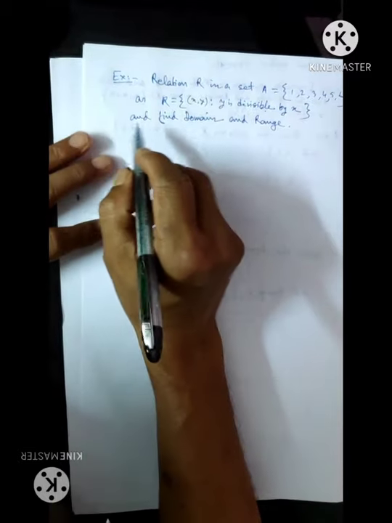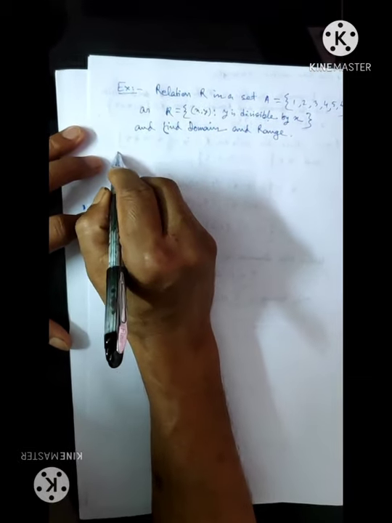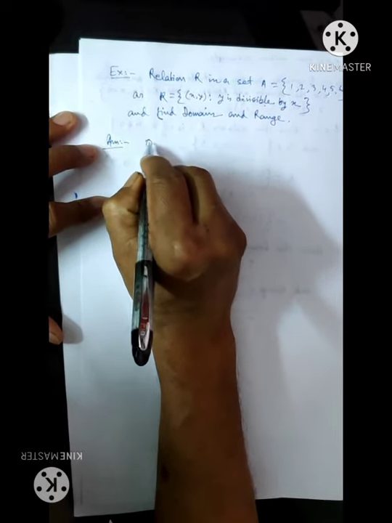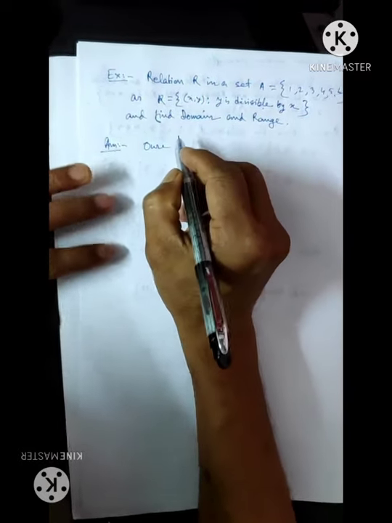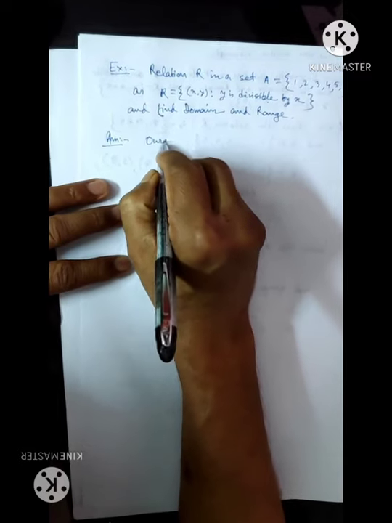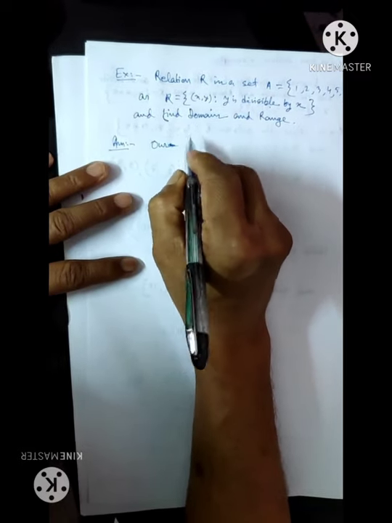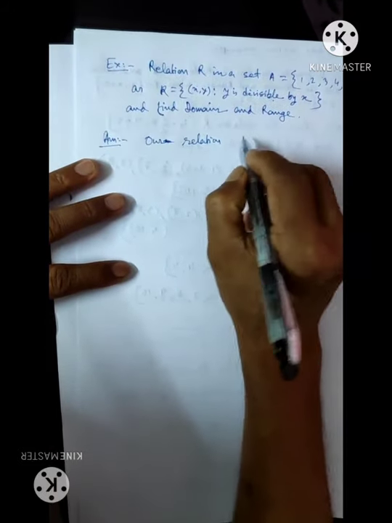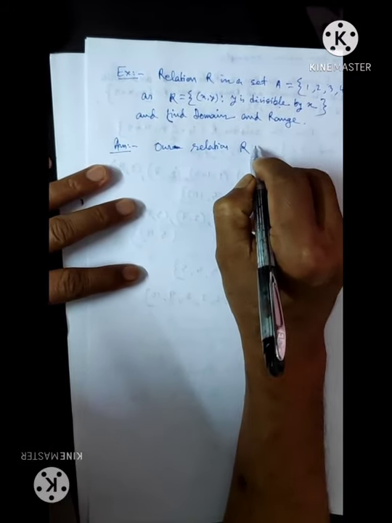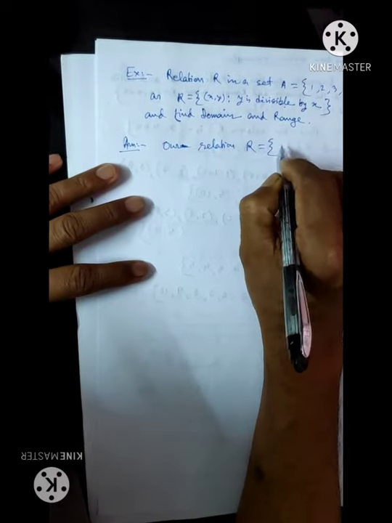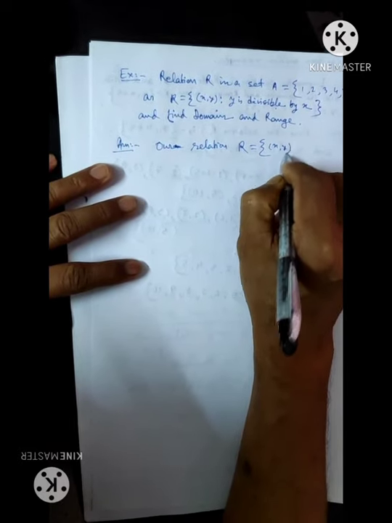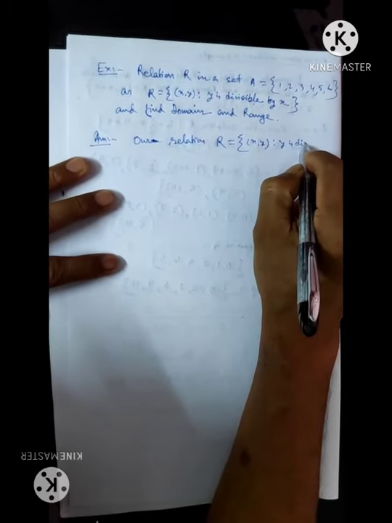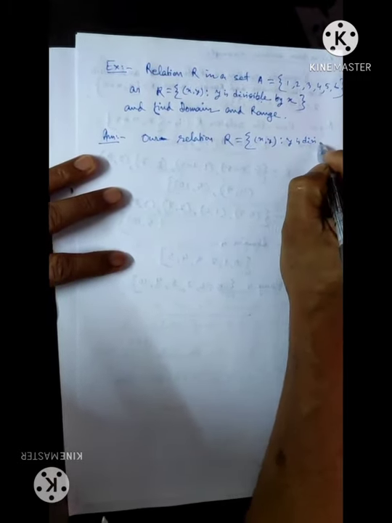Answer. Our relation R is x, y such that y is divisible by x.